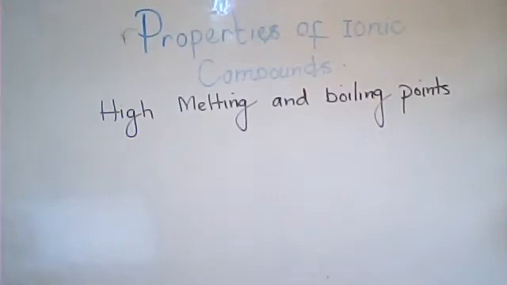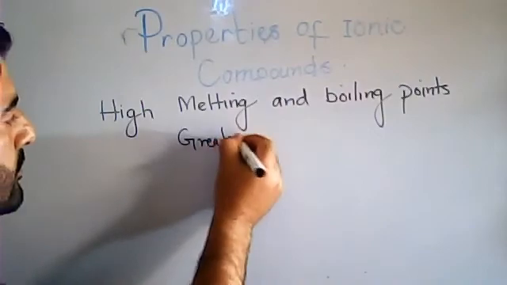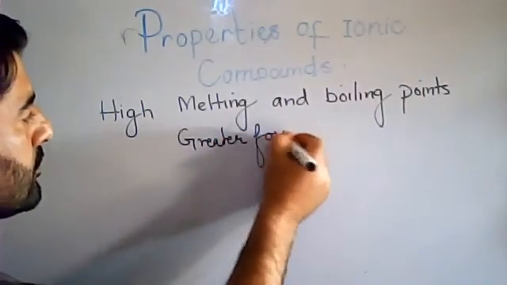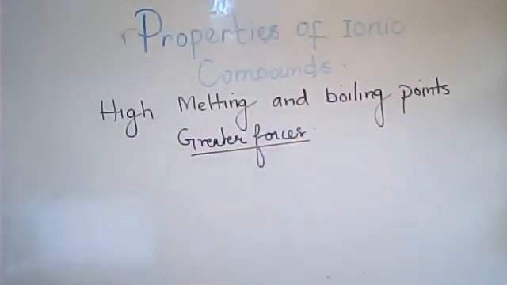Now we take another property that they are having high melting and boiling point. Why high melting and boiling point? As already we know that they are made up of ions, and those ions are having greater forces. Okay, they're exerting electrostatic force on other ions. Because of this electrostatic force, these are held together strongly.